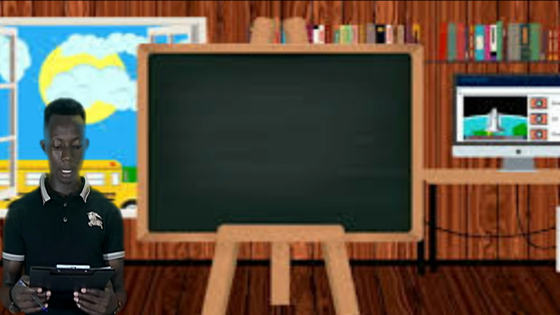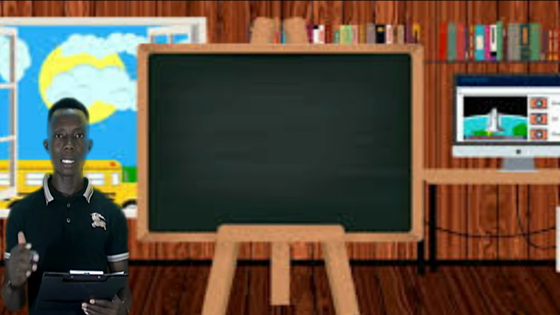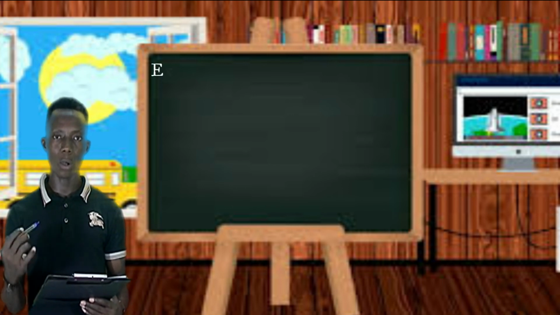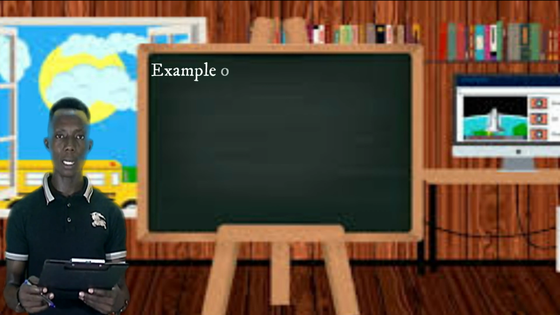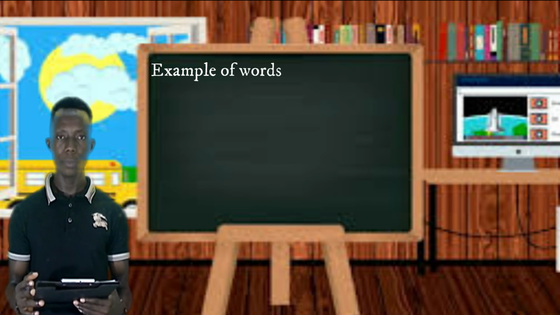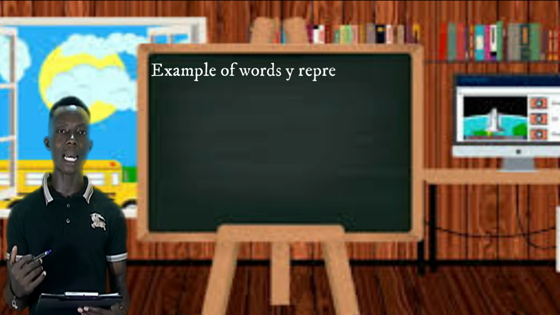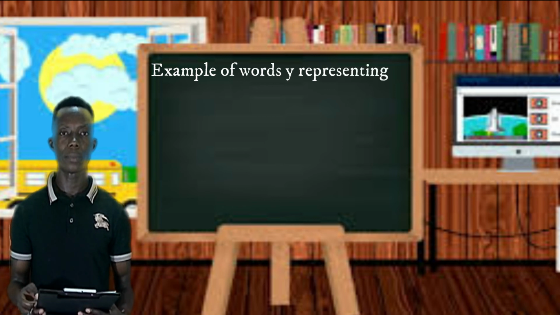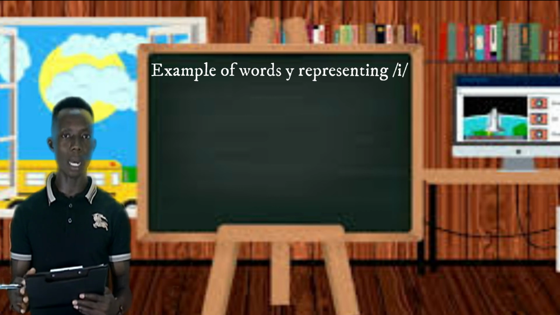So in this case, the letter Y also represents the vowel letter I in some words. So let's take a look at another example of words where the letter Y can represent the vowel letter I. When you are reciting the alphabet, we have this letter that we call I and then Y. You can hear that these two make almost the same sound.